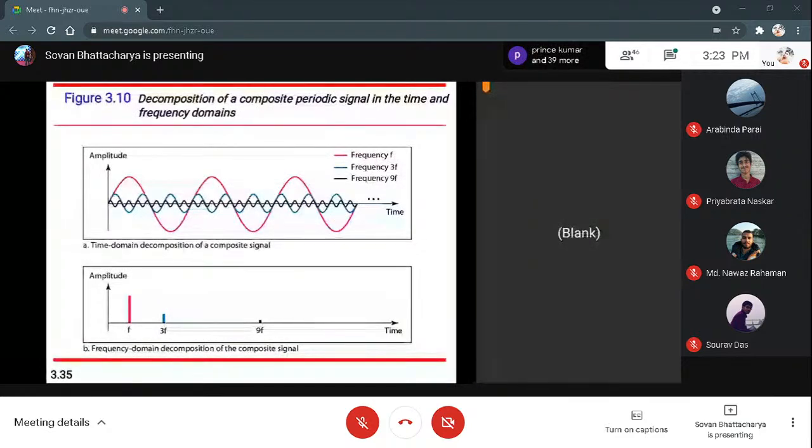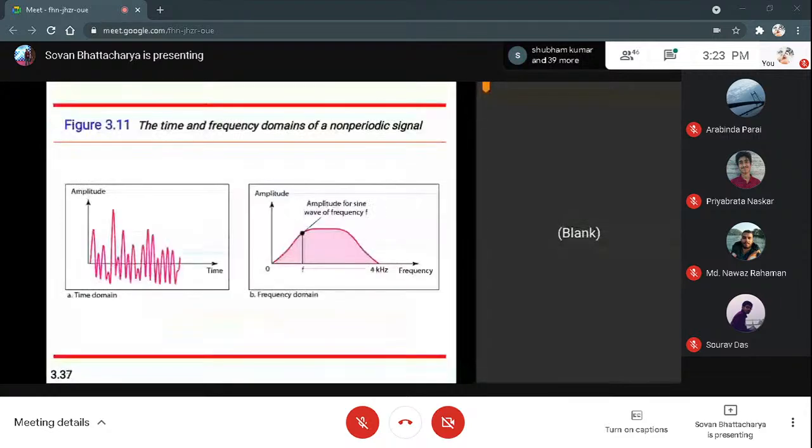Now when it is merged, in some cases you have to consider the positive, in some cases the negative. When the upper cut or lower cut happens, a different type of signal is created, or distortion will come. So this is your distortion.